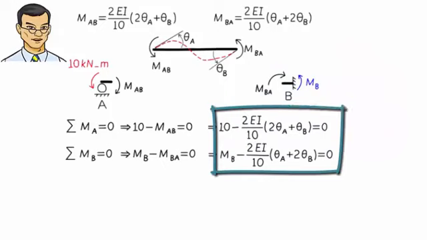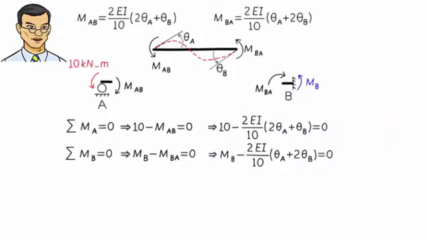Here we have two equations but seemingly three unknowns, right? So how do we solve for MB, theta A, and theta B using only two equations? A close examination of the problem, however, reveals that the equations contain only two unknowns. We actually know the numeric value for theta B. It is 0. Why?